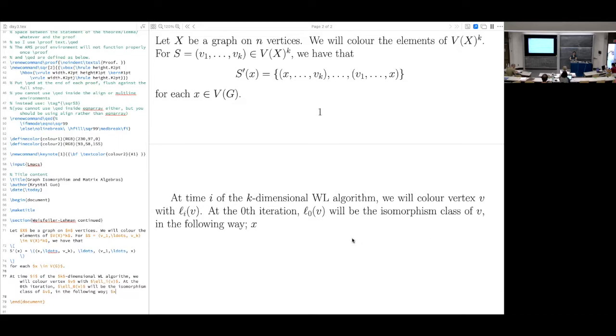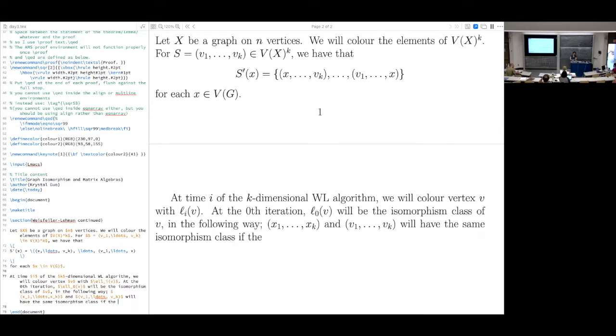So it will be basically the isomorphism class of the subgraph that is induced by these k vertices. So you have x1 up to xk, and y1 up to yk. Okay, I have these two k-tuples. They will have the same isomorphism type if the following hold.